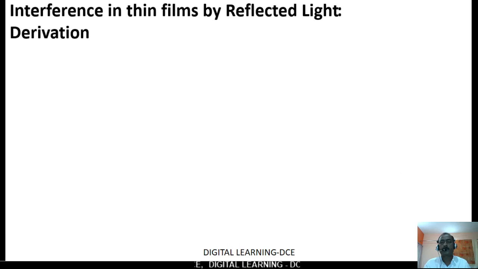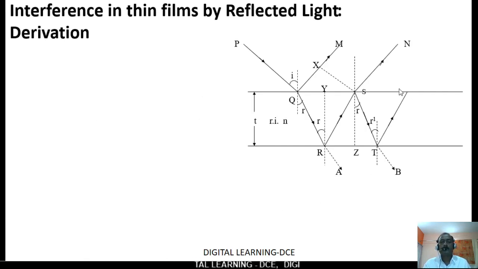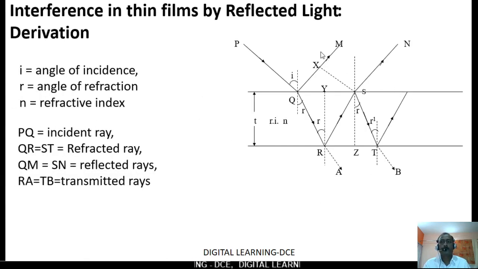Let us see the interference in thin films by reflected light. Here, let a ray of monochromatic light PQ be obliquely incident at angle I on a thin transparent film of thickness T and refractive index N. At the point Q, it is partly reflected along QM and partly refracted along QR.